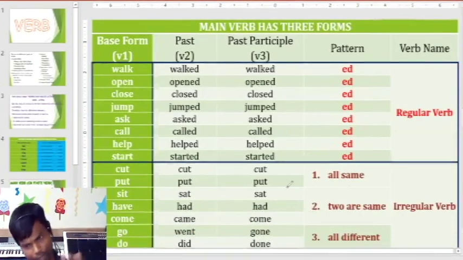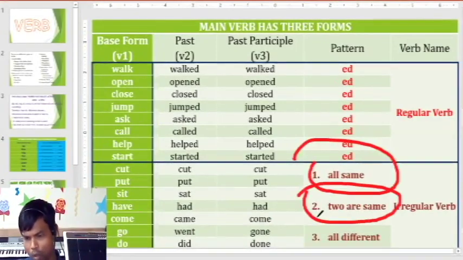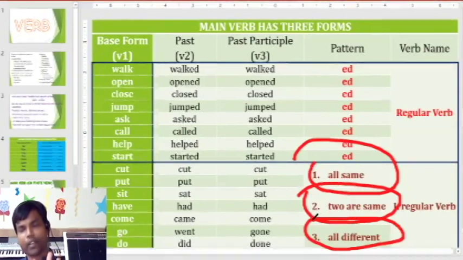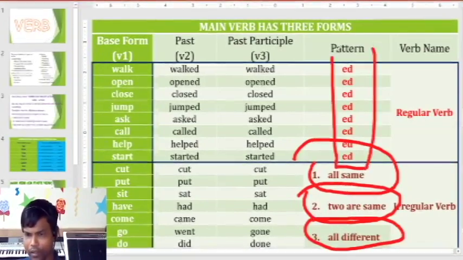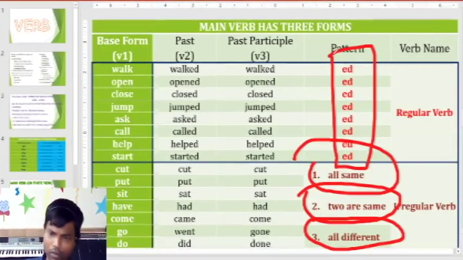So all could be same, two could be same, or all could be different. But wherever you have this ed pattern, simple. You just call it a regular verb. I hope this makes very clear to you.